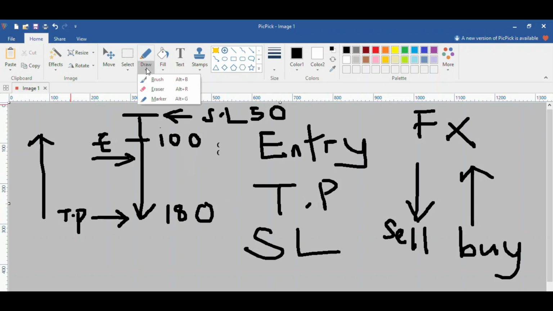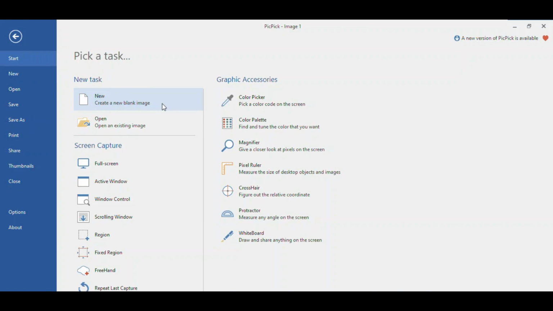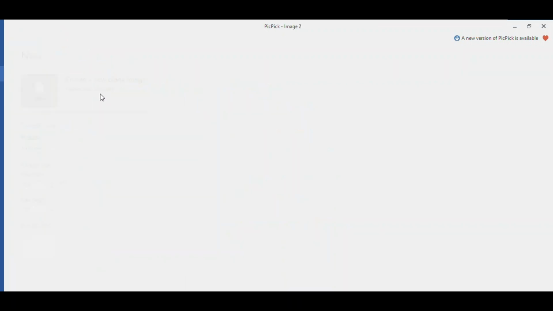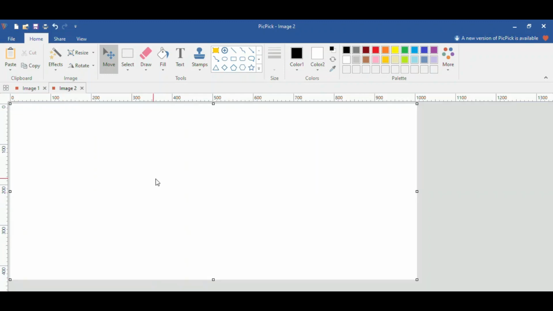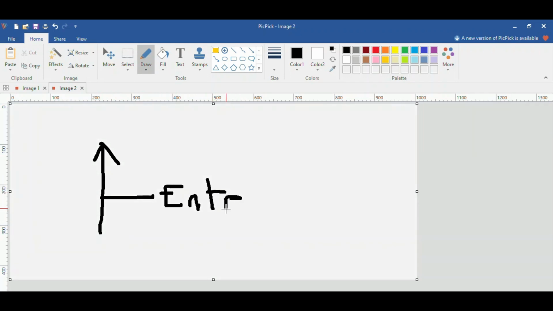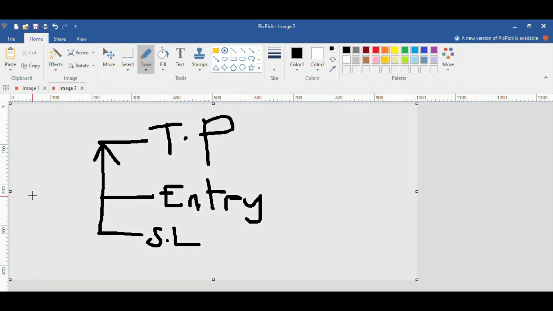Now on the other hand, for a buy, there is always an entry point, there is always a stop loss, and there is always a take profit, which is TP.